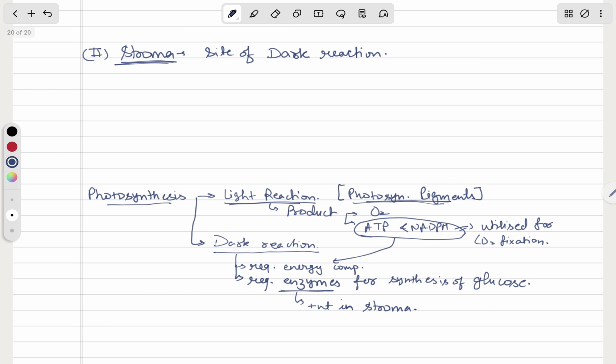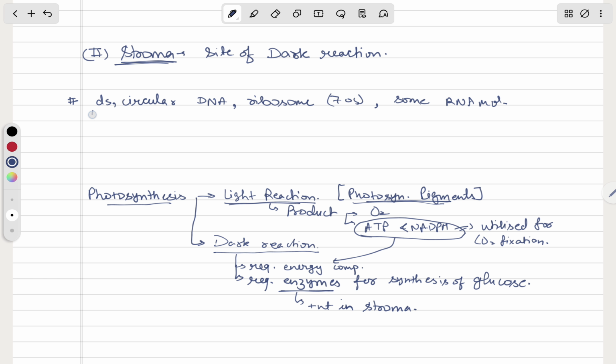Now, what are the other components which are present in stroma? We have double-stranded circular DNA, then ribosomes which are 70S, and some RNA molecules, right?